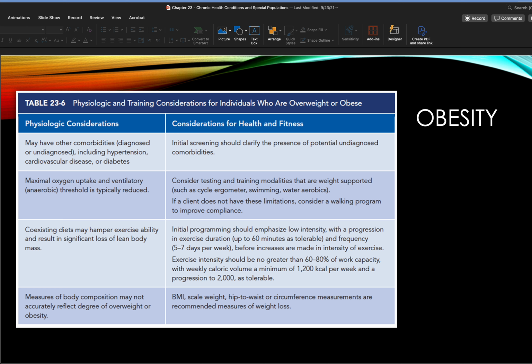Coexisting diets may hamper their exercise. So I'll give you a quick little tidbit. I had a client, when I was regularly training, before I went into higher education. He started looking really good, started paying attention to himself a little bit more, but then he went stagnant on his weight loss progress.